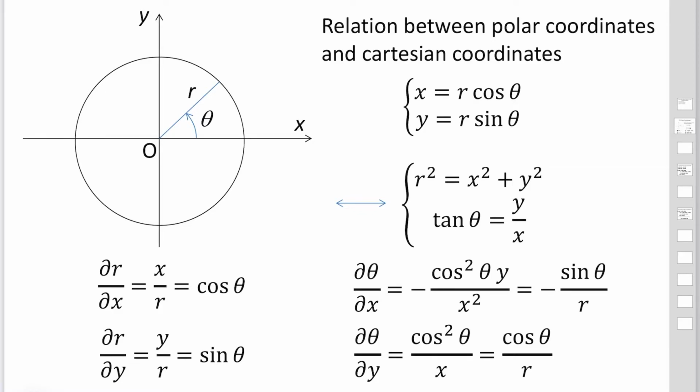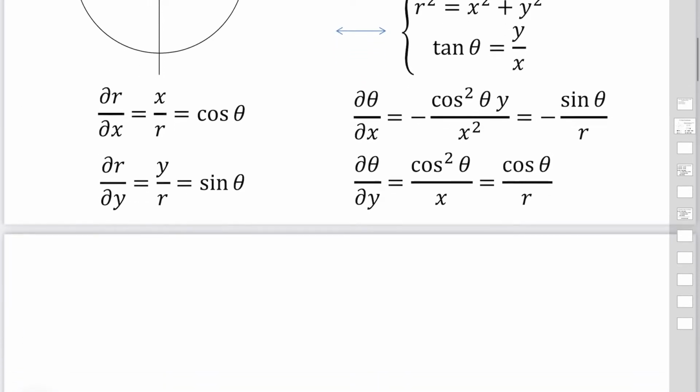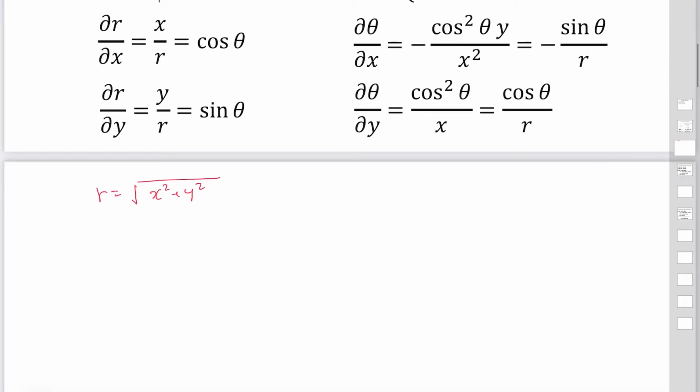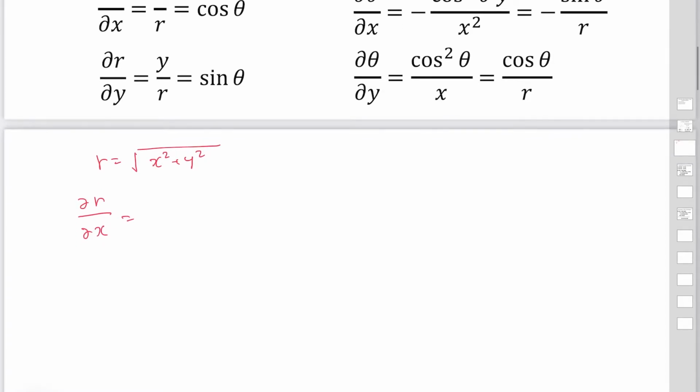So from these equations, we could find the partial derivative of r with respect to x, because r is expressed as the square root of x squared plus y squared. Taking the partial derivative of r with respect to x, it becomes 1 over 2 square root of x squared plus y squared, and you apply the chain rule.